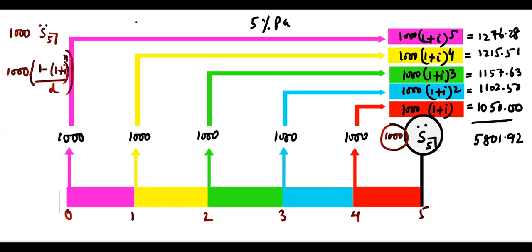So 1000 times (1 minus 1.05 to the power 5) divided by d. We have to find d from 5%. i is 5%, so we have to find d. Once you know d, you can write that, or you can do otherwise. Whatever way possible, you find d from i. You have to check the final answer.